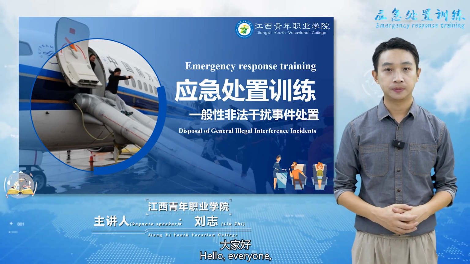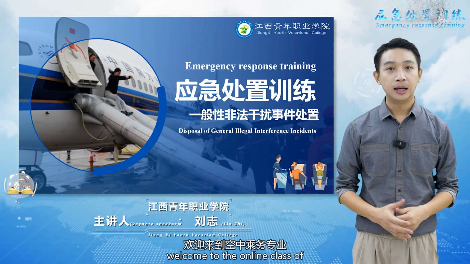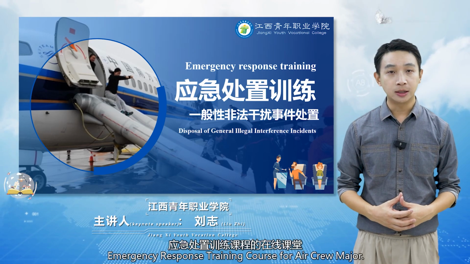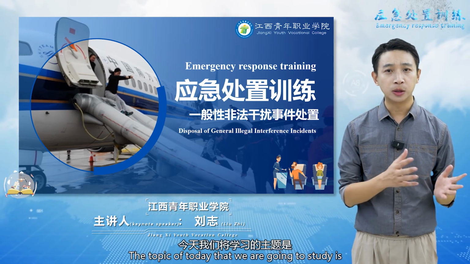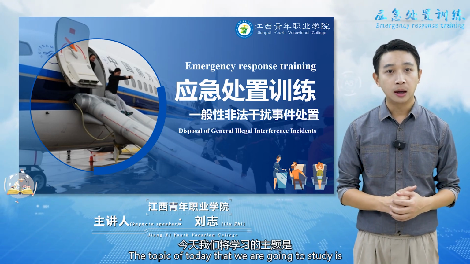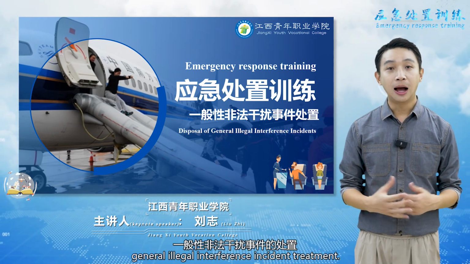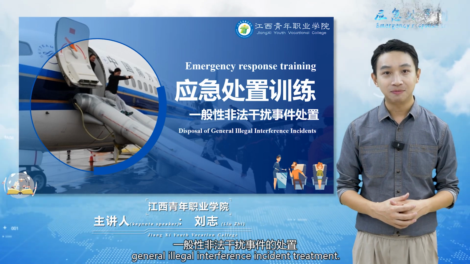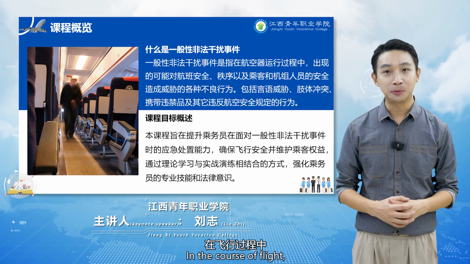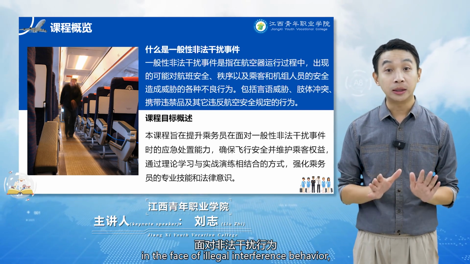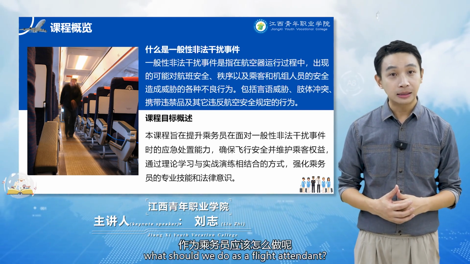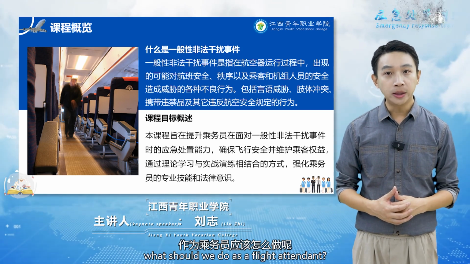Hello, everyone. Welcome to the online class of Emergency Response Training course for Aircrew Major. The topic of today that we are going to study is General Illegal Interference Incident Treatment. In the course of flight, in the face of illegal interference behavior, what should we do as a flight attendant?